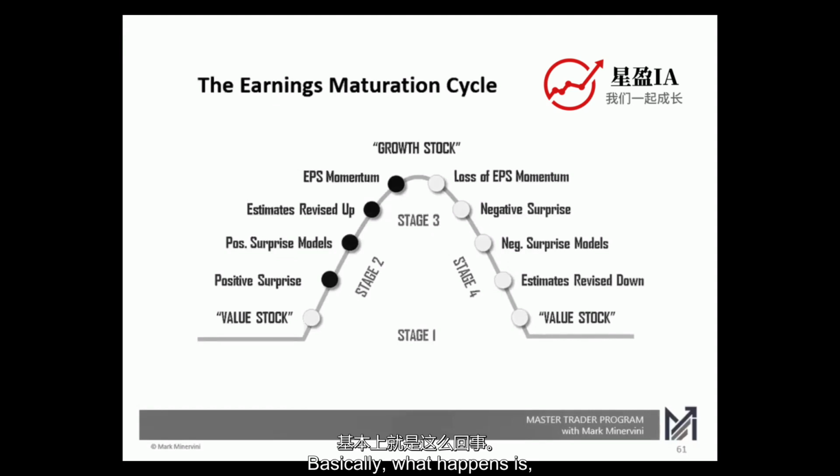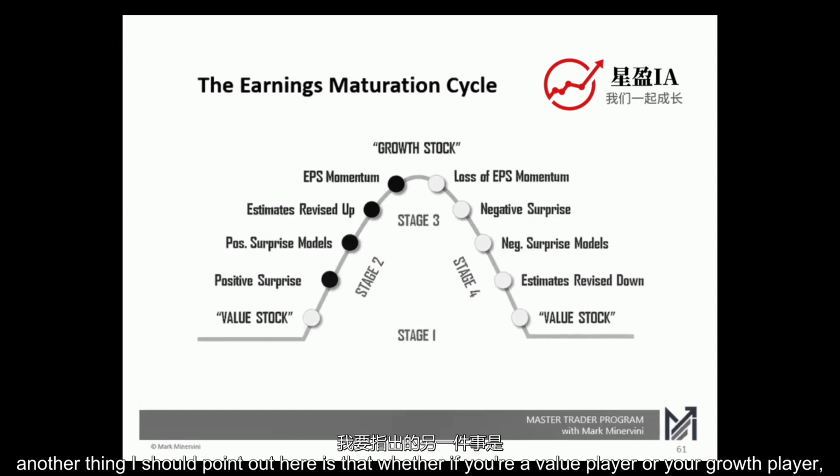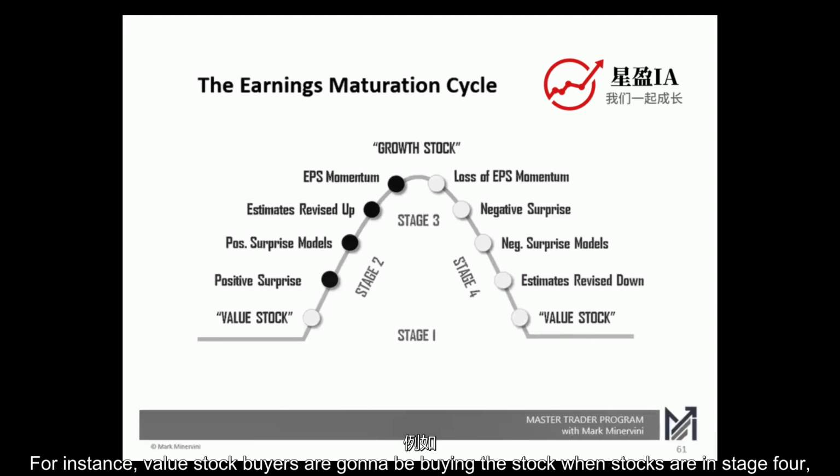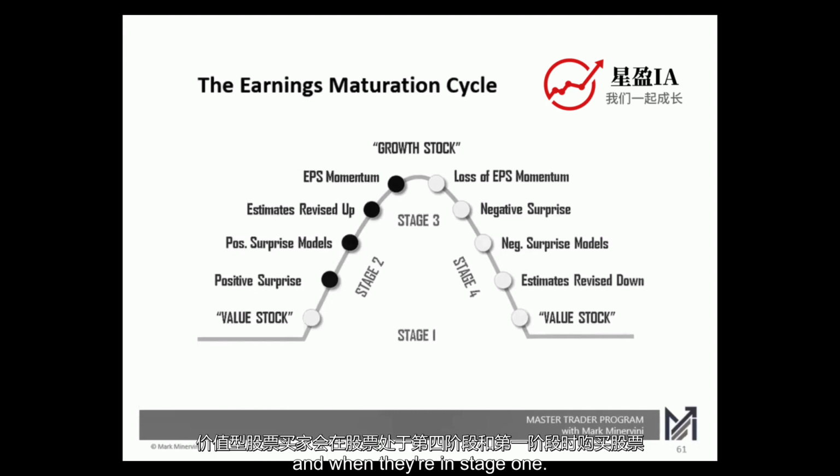Another thing I should point out here is that if you're a value player or you're a growth player, you might be operating in a completely different part of the maturation cycle. So for instance, value stock buyers are going to be buying the stock when stocks are in stage 4 and when they're in stage 1.